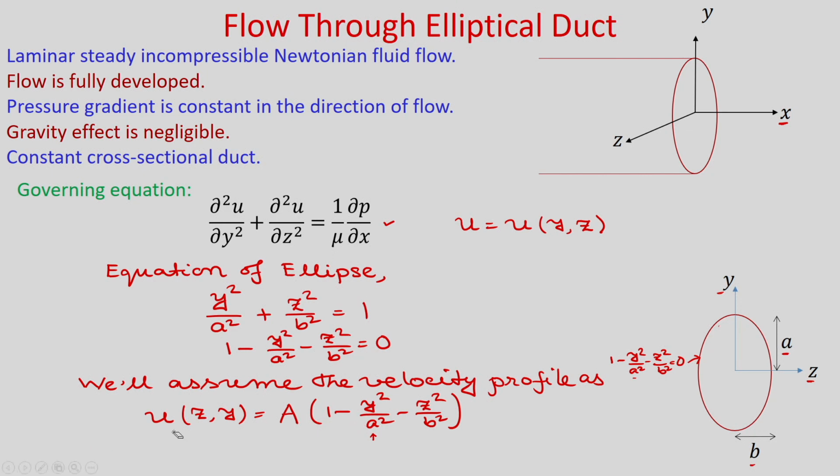And as a boundary condition, you can see that u will be 0, which is your no slip condition on the wall.